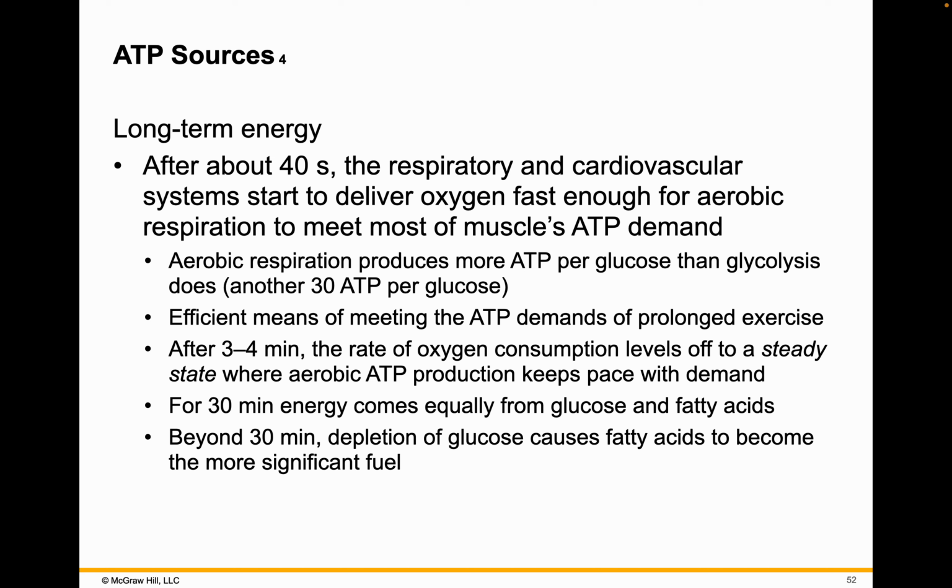It's the only efficient means of meeting the ATP demands for prolonged exercise. After about 3 or 4 minutes, the rate of oxygen consumption levels off, so we get to a steady state where aerobic ATP production keeps pace with demand. For 30 minutes or so, energy comes equally from glucose and fatty acids. Beyond 30 minutes, the depletion of glucose causes fatty acids to become the more significant fuel.